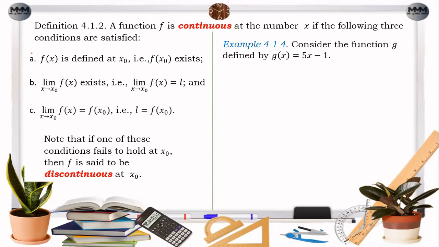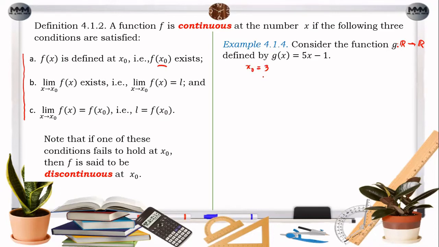We will also be using the three conditions here to determine whether the given function is continuous or not. Based on this example, we will be considering a function g from the set of real numbers to the set of real numbers. Let's choose x sub 0 to be equal to 3.